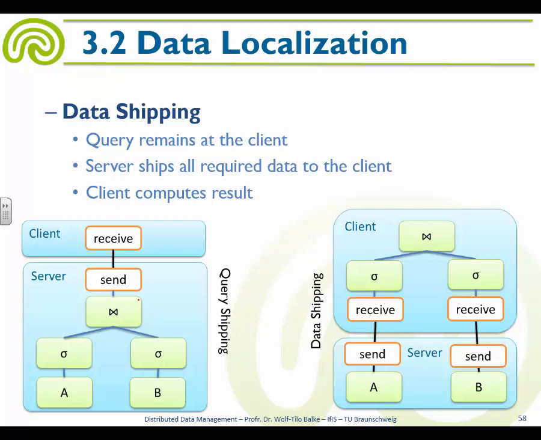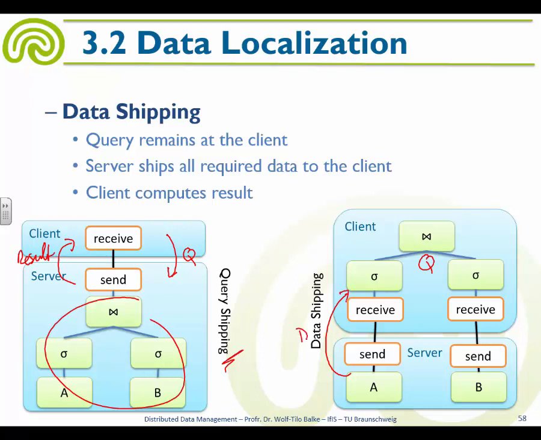In query shipping, the query is sent from the client to the server and executed on the server, so the query is shipped and then the result is shipped back. In data shipping, the client keeps the query and the data is shipped to the client. Here's data, and the client is shipped to the data here.